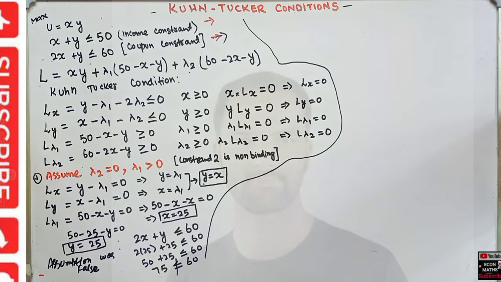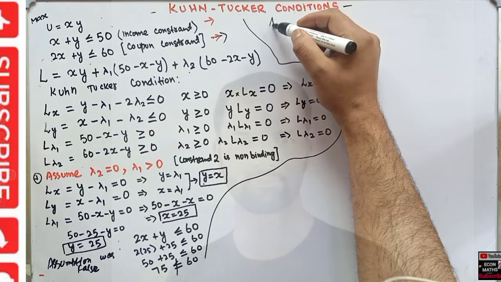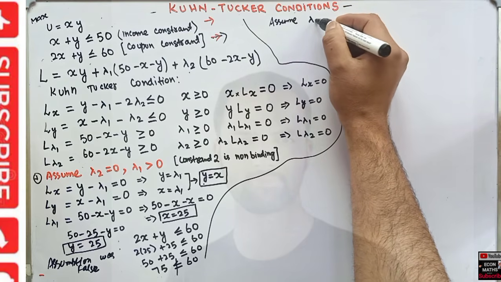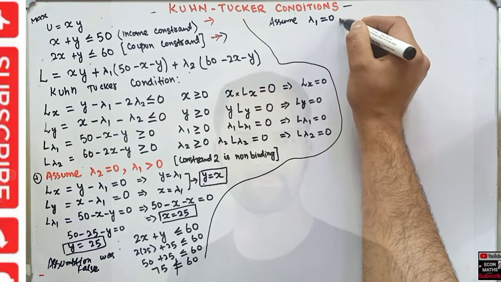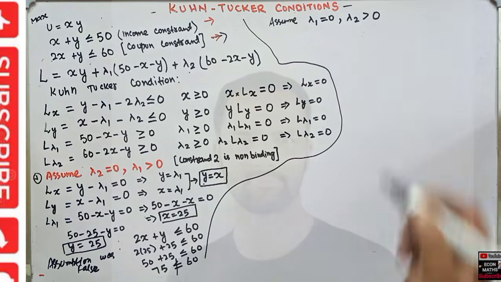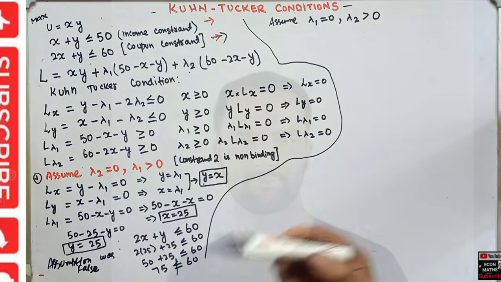Since the second constraint was not satisfied, this time I will assume lambda 1 is equal to 0, lambda 2 is greater than 0. That means in this case we are ignoring this income constraint.